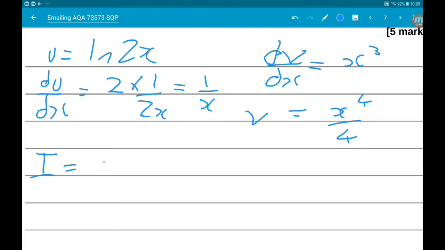So let's write that as x to the 4 log 2x all over 4 minus the integral of v times du by dx. So that's x to the 4 over 4 times 1 over x. So that's going to give us x cubed over 4.